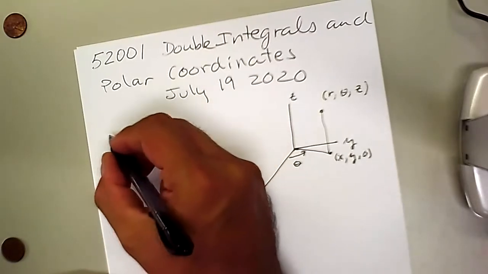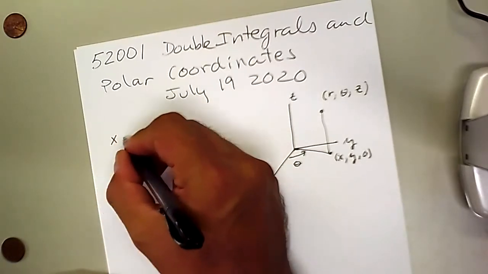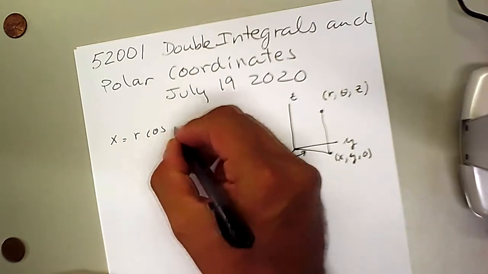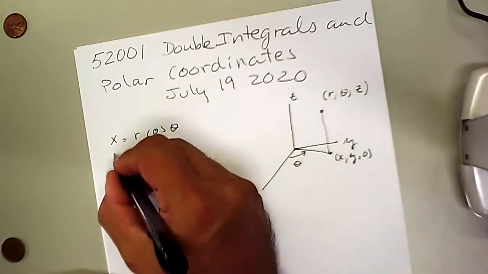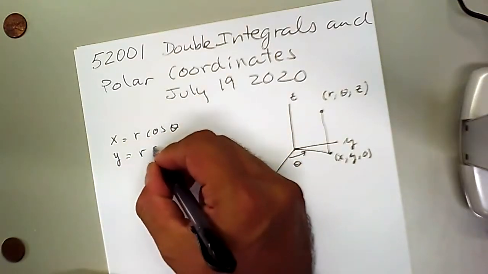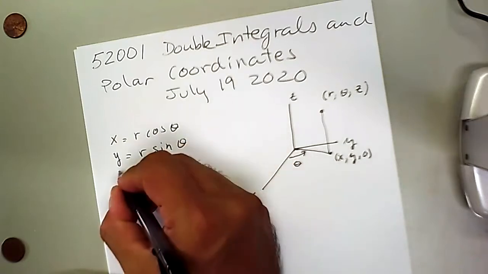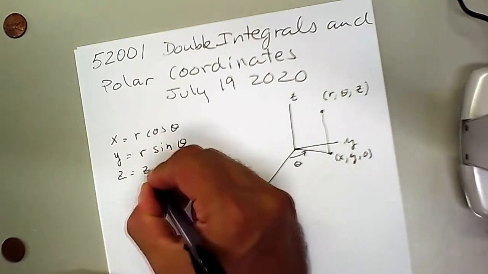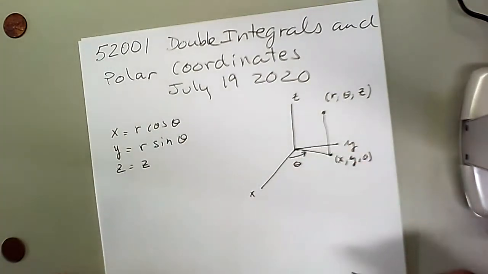Many students see this in calculus 2. X would be r cosine theta, y is r sine theta, and z is z. There's no change in z.